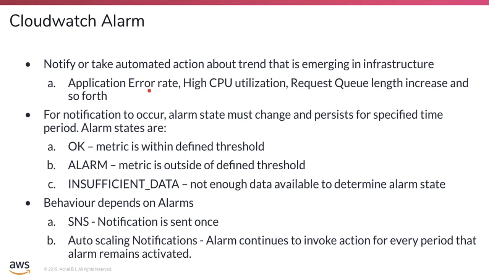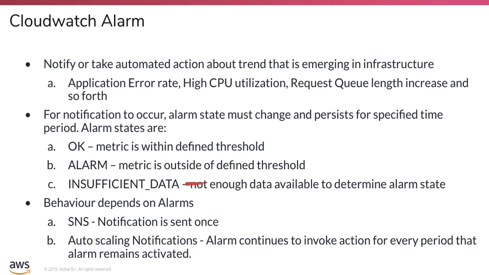Some examples stated here are application error rate and high CPU utilization, which I mentioned earlier. If you have a queuing service like SQS and the request length increases beyond a certain point, you could use an alarm.